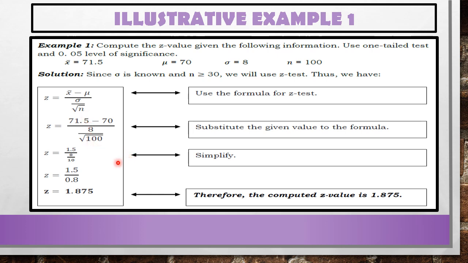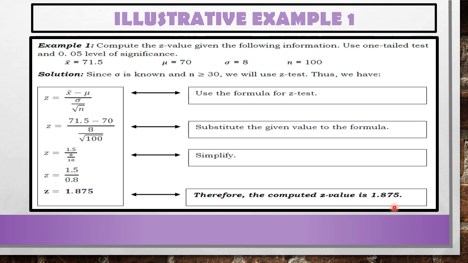So simplify po natin, 71.5 minus 70, that's equivalent to 1.5. Then 8 divided by 10, so 1.5 divided by 0.8. So ang sagot po is 1.875.